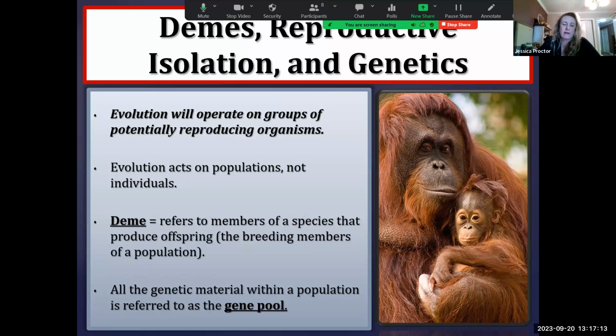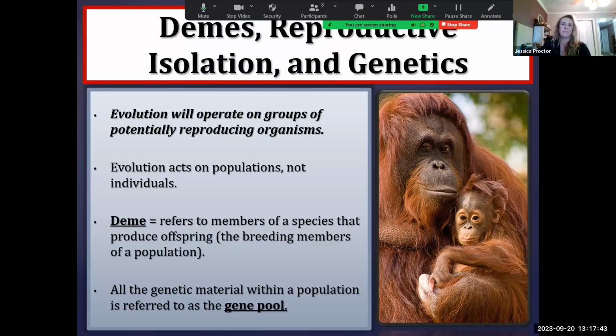And all of the genetic material, all of the genes within a population, are referred to as a gene pool. In chapter 3, we talked about a genome. A genome would be one individual's, one human's, or one orangutan's, or one rock pocket mouse's, just one individual's chromosomes. So if we're talking humans, mapping somebody's genome is looking at all of their base pairs, all of their genes located on all 46 chromosomes.